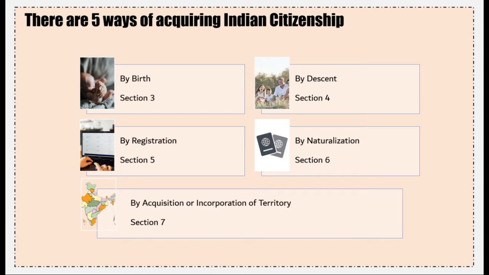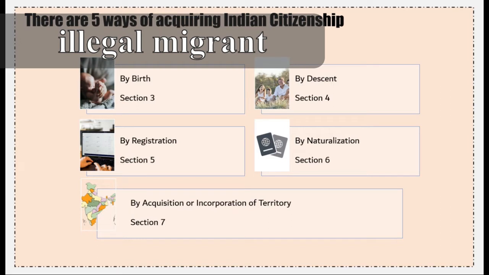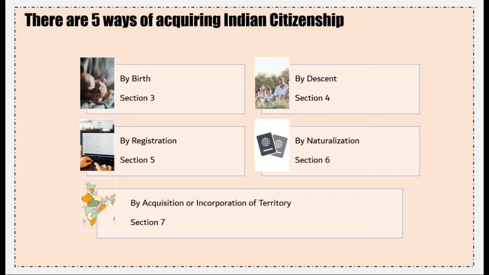Section 21B of Citizenship Act 1955 explains illegal migrant means without valid passport and valid travel document or stays beyond visa permit.